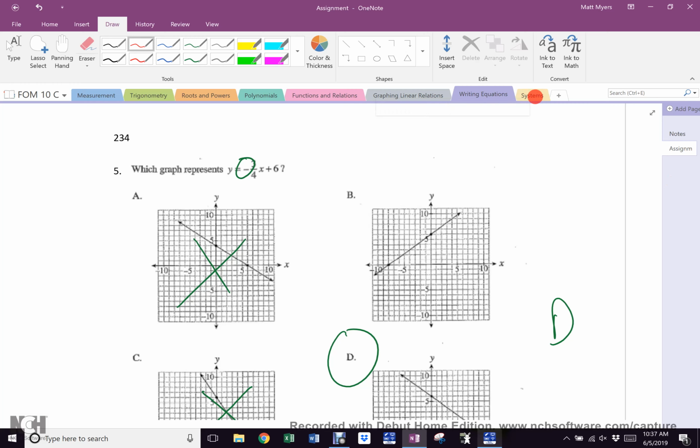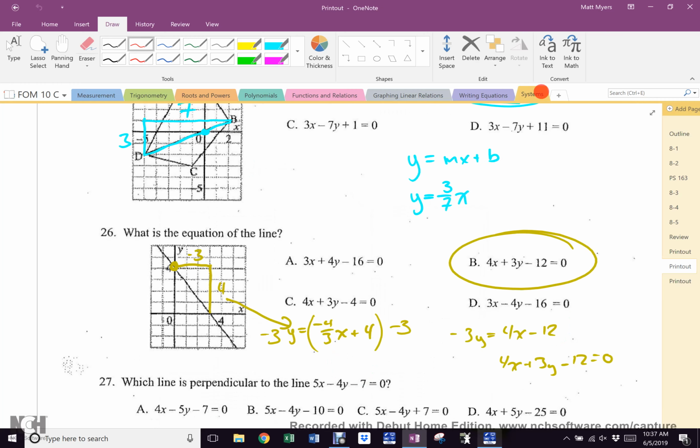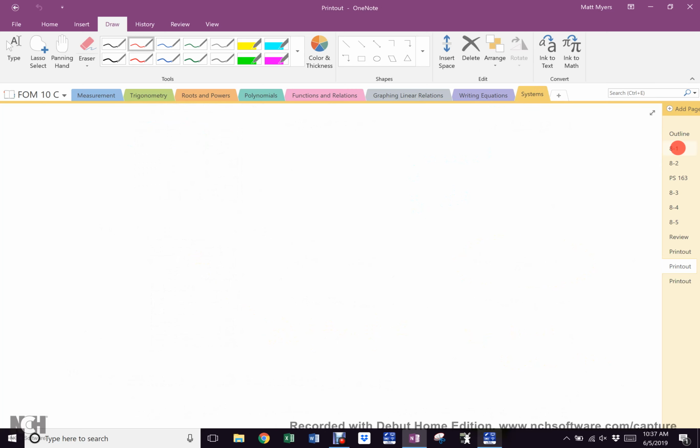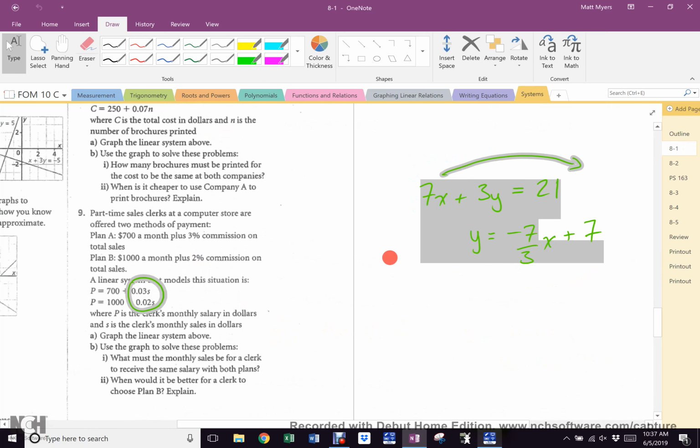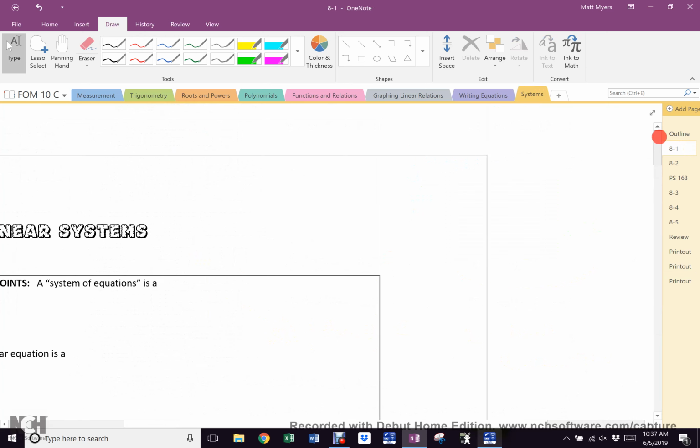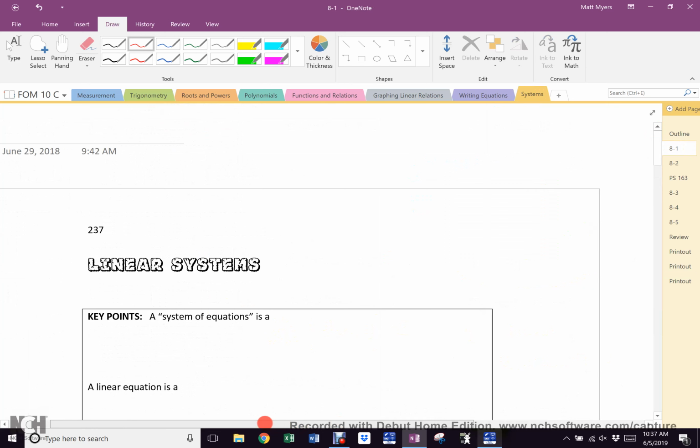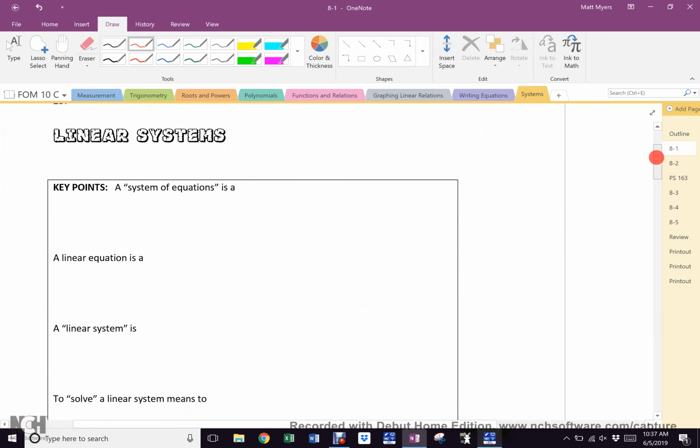Why not? Everybody please turn to, it's 2 or 3 pages away. It says solving systems by graphing, I think. Oh, it just says linear systems, right.